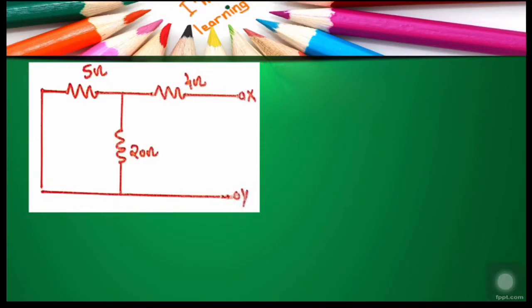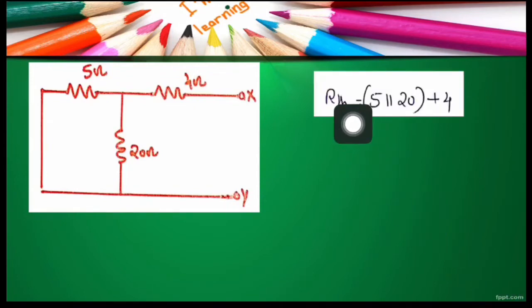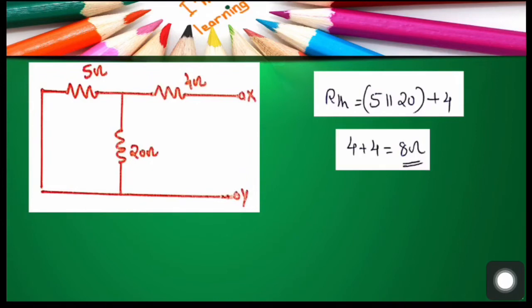When we look from the open circuited load terminals, this 5 ohm and 20 ohm are connected in parallel. And this parallel combination and this 4 ohm resistor are connected in series. So we can write the Thevenin equivalent resistance RTH is equal to 5 parallel 20 plus 4, that is equal to 4 plus 4 equal to 8 ohm.